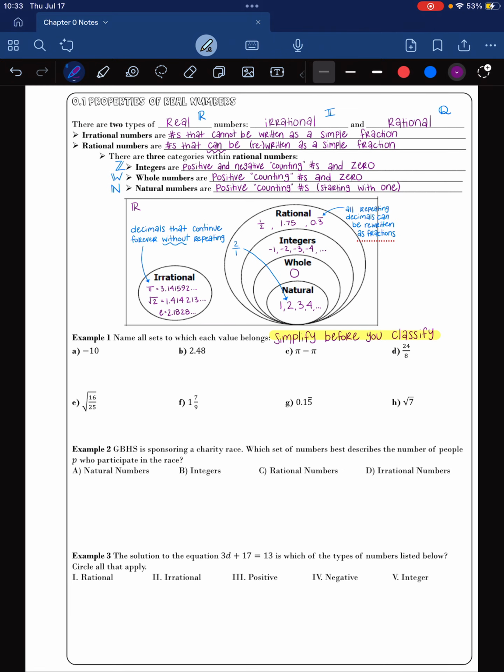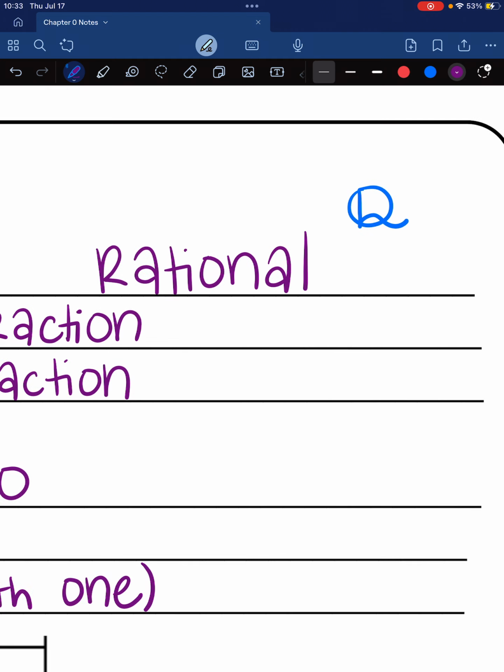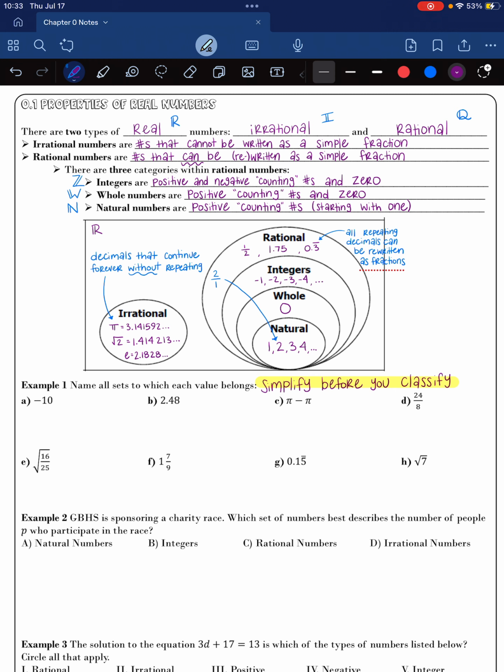It's not just the variable R, which might be confused with the radius. And since we've already used R for real, we have to use a different letter for rational. So that's why we end up with this fancy double struck Q, which I know is kind of weird with the swoopy tail, but typically when you type on the computer, that's what your double struck Q ends up looking like.